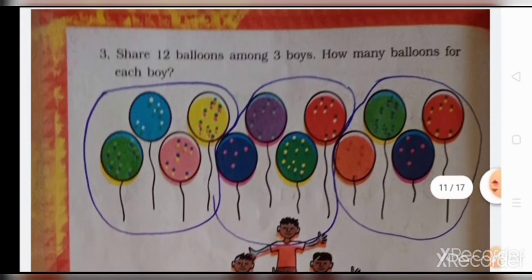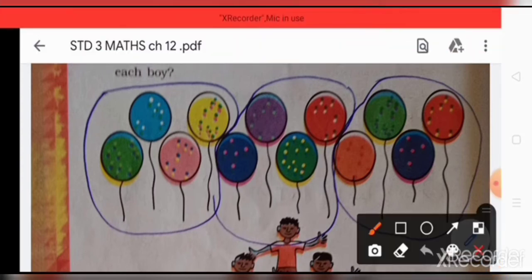Share 12 balloons among 3 boys. How many balloons for each boy? That means 12 divided by 3 is equal to 4. That means 4 3s are 12.